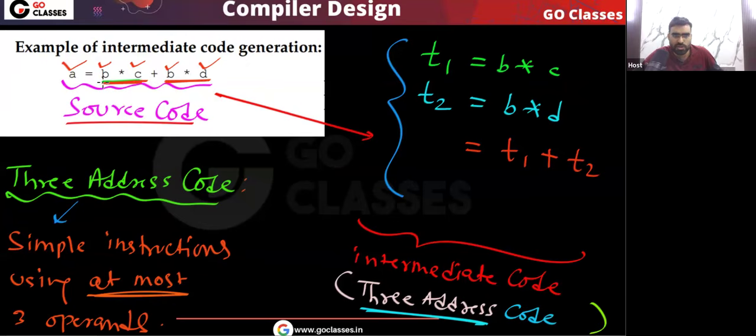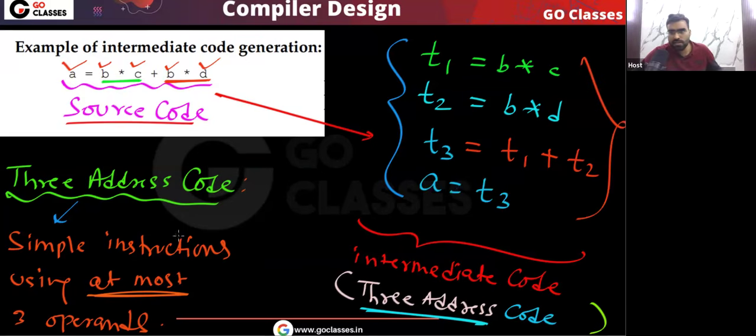See, B into C you are putting in T1 and B into D you are putting in T2. Then you will do T1 plus T2. You can store this in T3 or maybe you can directly store in A. Either you do this, or you can store this in T3 and then this T3 you can store in A.